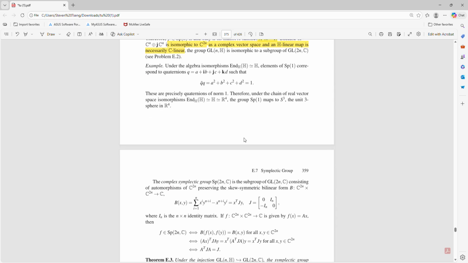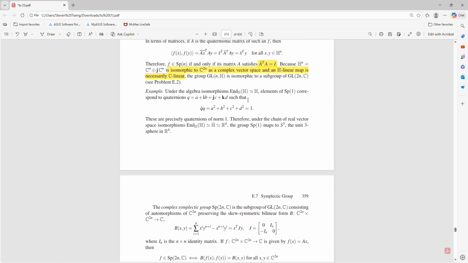Next, we give some examples. By the above, we can construct an algebra isomorphism between End(H) and H.